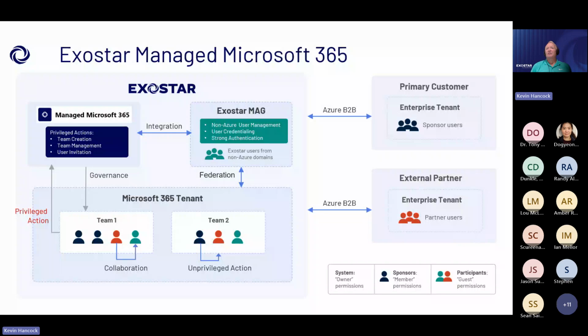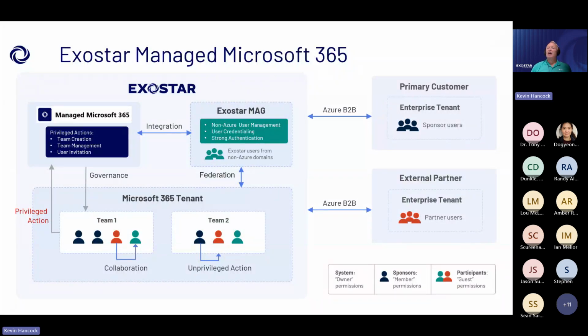So that sponsor or Exostar customer invites individuals from their organization. They designate which other organizations they're going to allow into the tenant, and which individuals from that organization are going to be granted access. They're also only going to get access to the individual team spaces that they're explicitly invited into.